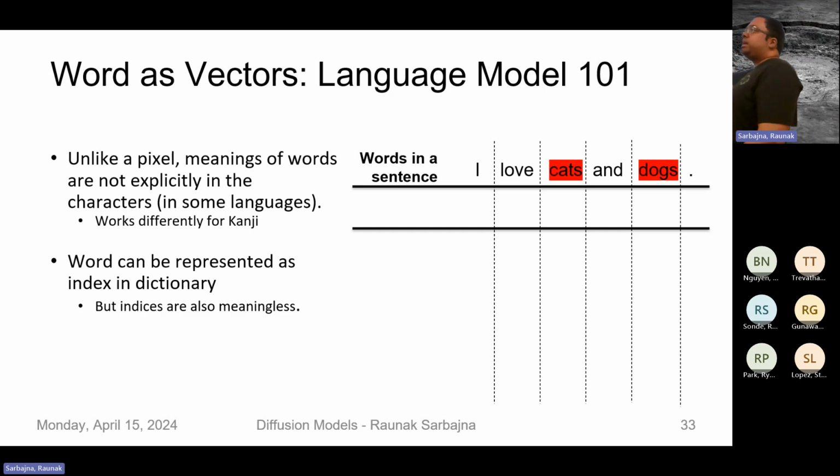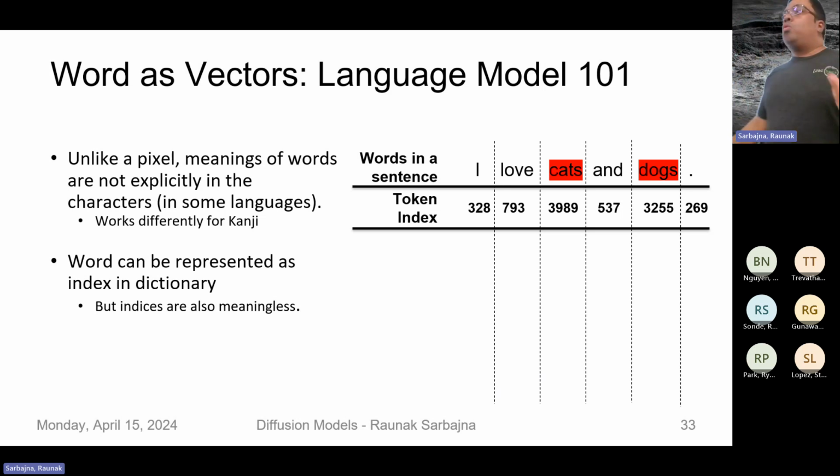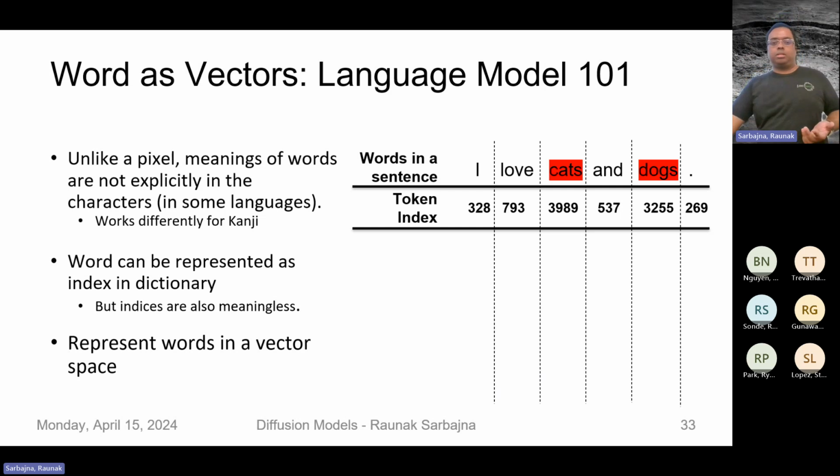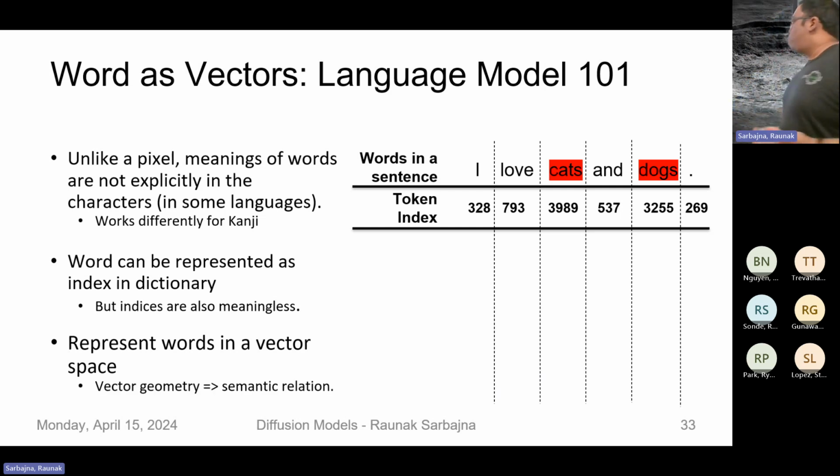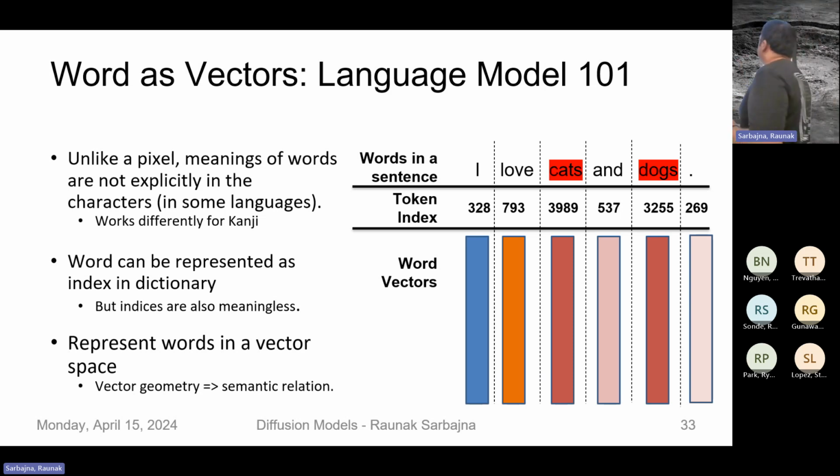The position of a word in a dictionary contains no meaning at all. If you're trying to create an image, that is not relevant, right? So these token indices have no relevance at all. So we try to represent these words in a vector space, where the geometry of the vectors contains some meaning.